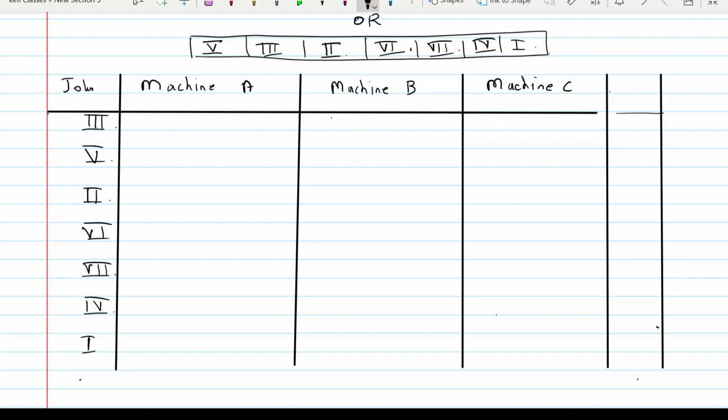So machine A, इसके लिए time in, time out. Time in, time out. So you can recognize this actually takes a lot of time.